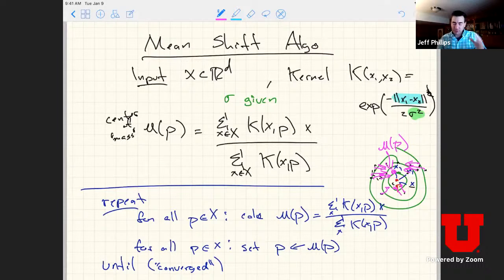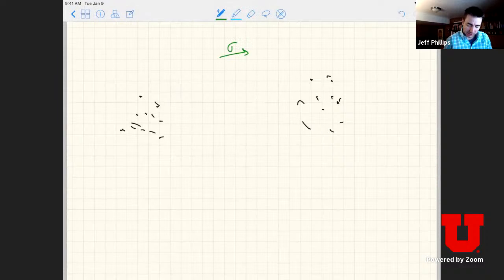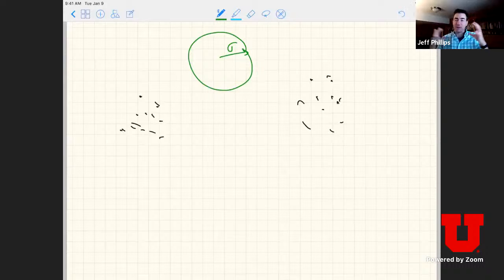And if I have different clusters of points, a bunch of points over here and a bunch of points over here, and I set this to be sigma, you need to understand sigma to know what's going to happen. If sigma is huge, it's the whole page, and they're all going to converge together. If sigma is too tiny, none of them are going to really move.